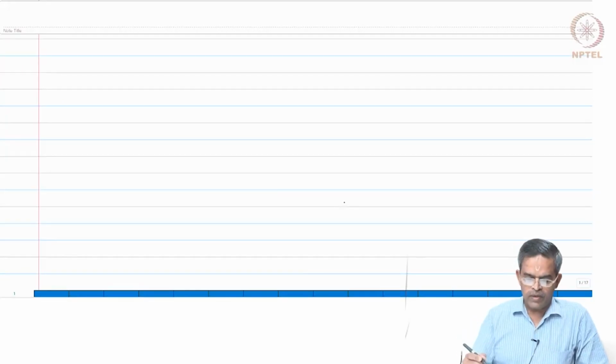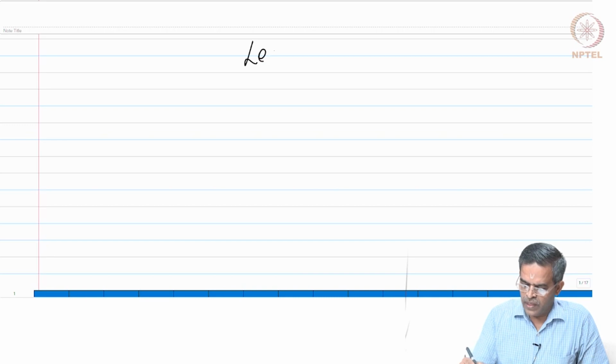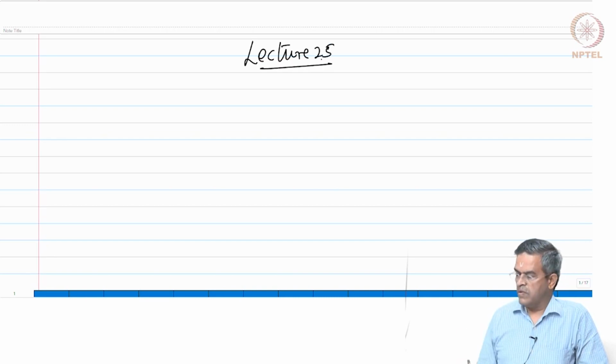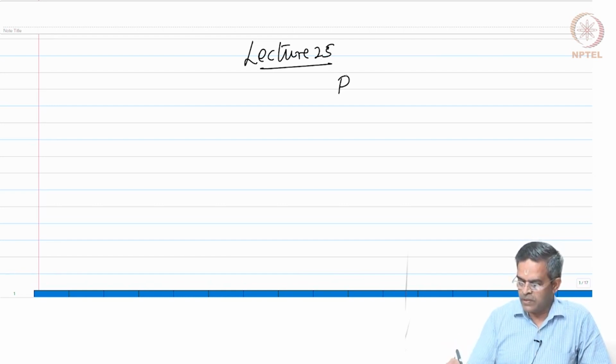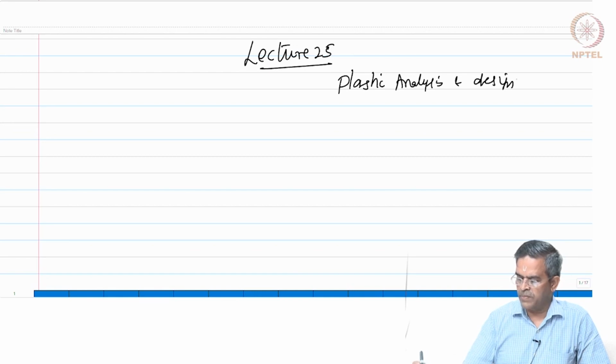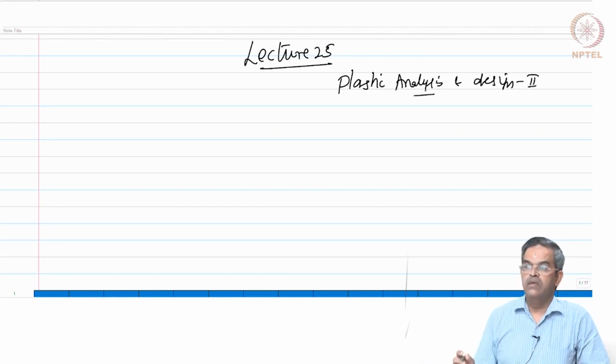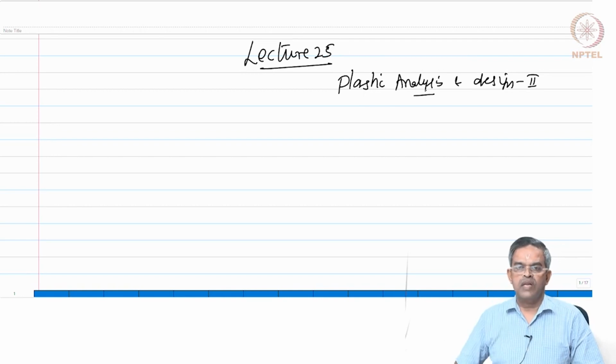Friends, welcome to the 25th lecture on advanced steel design, where we will continue to discuss some more examples on plastic analysis and, of course, the application of analysis in a design perspective. I will put this as part 2 because it is a continuation of the last lecture.